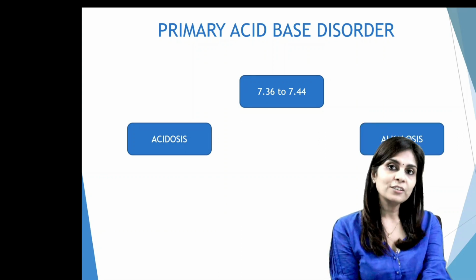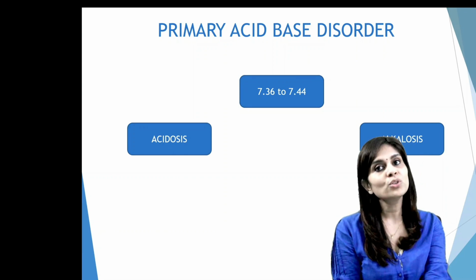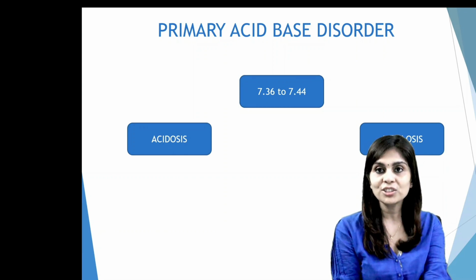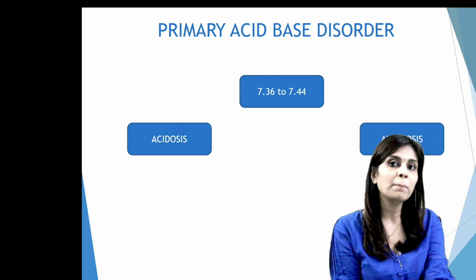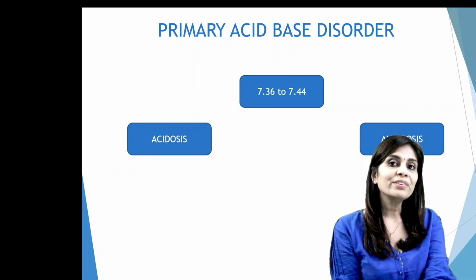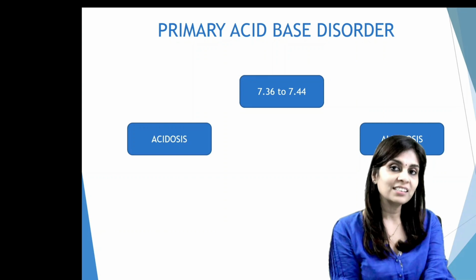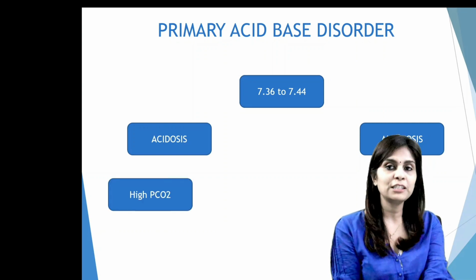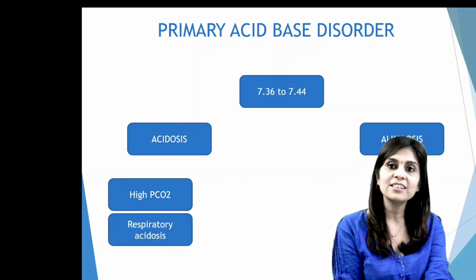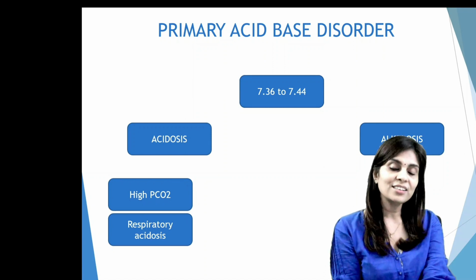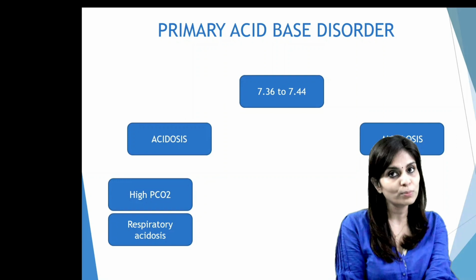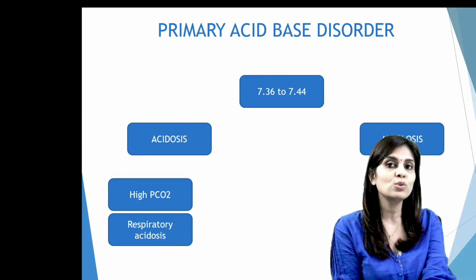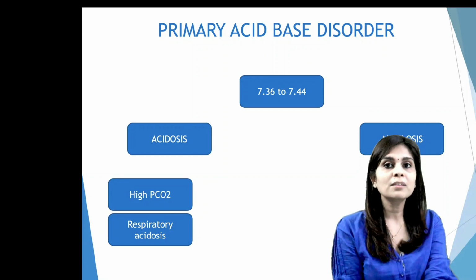Now, in both acidosis and alkalosis, the next step is to identify whether it's a metabolic condition or a respiratory condition, for which I should look at PCO2 and bicarbonate. Now, if there is an acidotic pH that is accompanied by an increase in PCO2, that is called respiratory acidosis, because in this condition, for some reason, the respiratory system has failed and carbon dioxide has accumulated, and we know carbon dioxide is a source of acid that has caused the pH to drop.